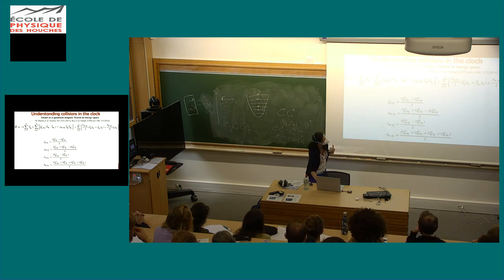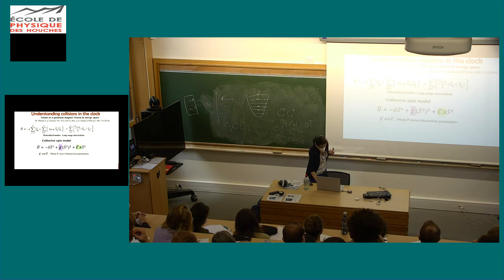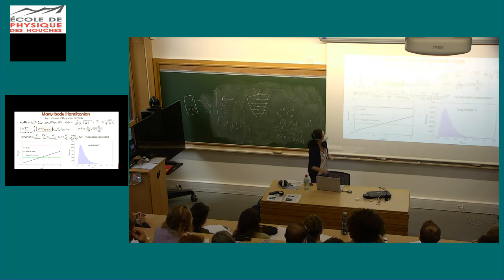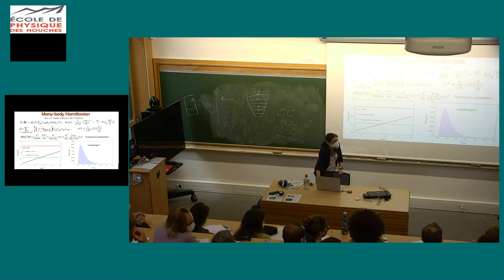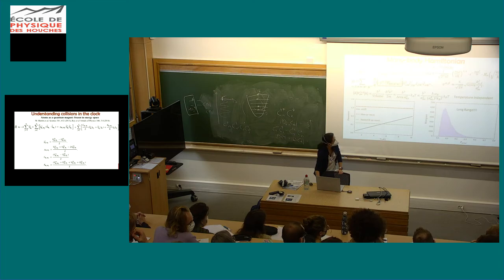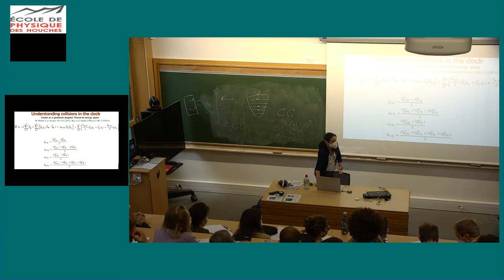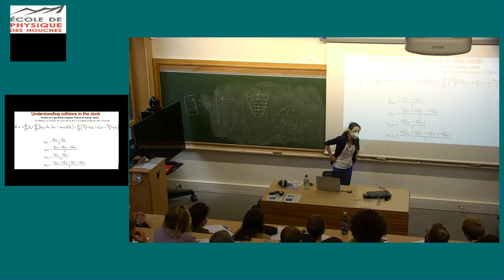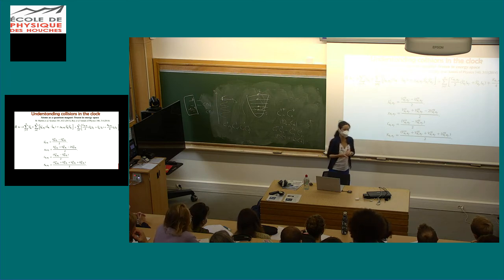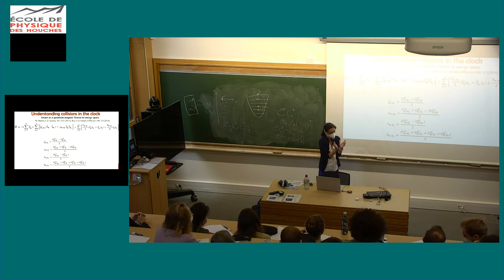So there is a simplified aspect there that is going to be important. Why is it that you cannot have an atom going up and the other one going down? This is still conserving energy. Even though you have a harmonic oscillator potential in principle, it is a Gaussian potential, so it's slightly anharmonic. In general, it's only true for the lowest levels that you really have a harmonic oscillator.